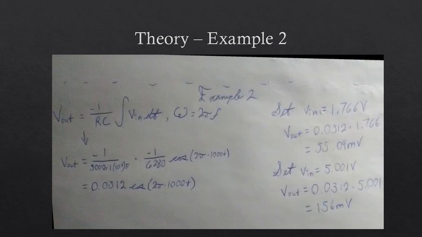Although you can notice from the right side that I did go ahead and calculate the root mean square and the voltage peak to peak that should be seen from the proof of concept.